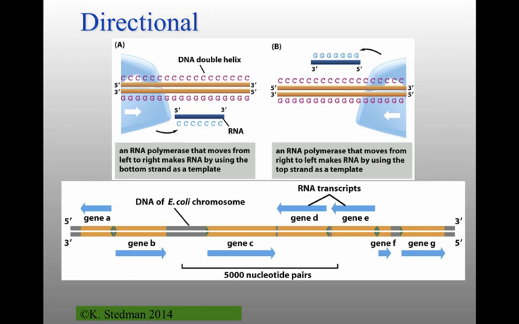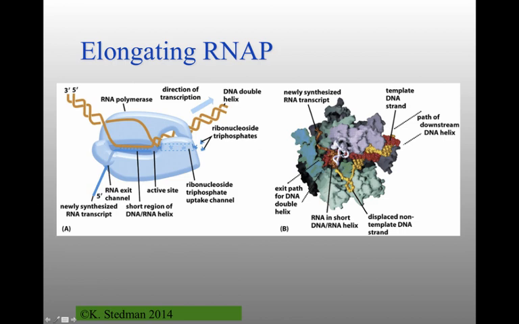If you look at the elongating polymerase, and this is one of the big breakthroughs in the last couple of years, we now have high resolution, basically atomic resolution structures for the RNA polymerase in most of the steps of this transcription process, the initiation process, the elongation process, etc. And probably most important from this elongating polymerase process here is that this protein just really clamps down around the DNA strand.